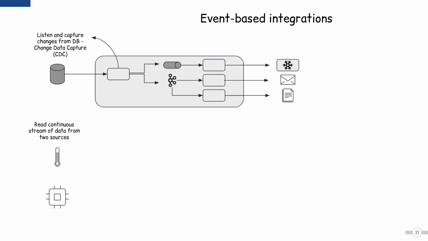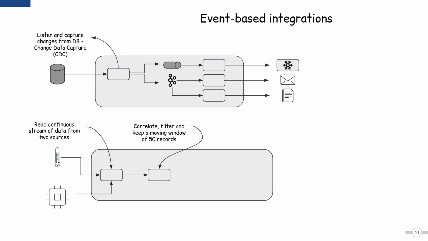Another could be like you may have two data sources, right? And you want to read a continuous stream of data from two sources, and those data you may want to correlate and filter those matching entries from those two different data sources, and then you want to maintain a window of 50 records every time. And then if you find a matching record, let's say maybe you want to persist the correlated messages and 50 records prior to that. It's a business requirement, and this is an event-based integration.